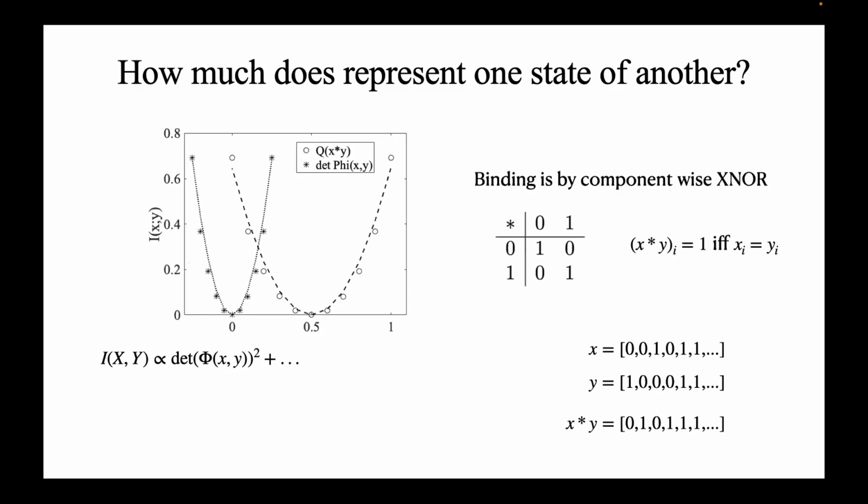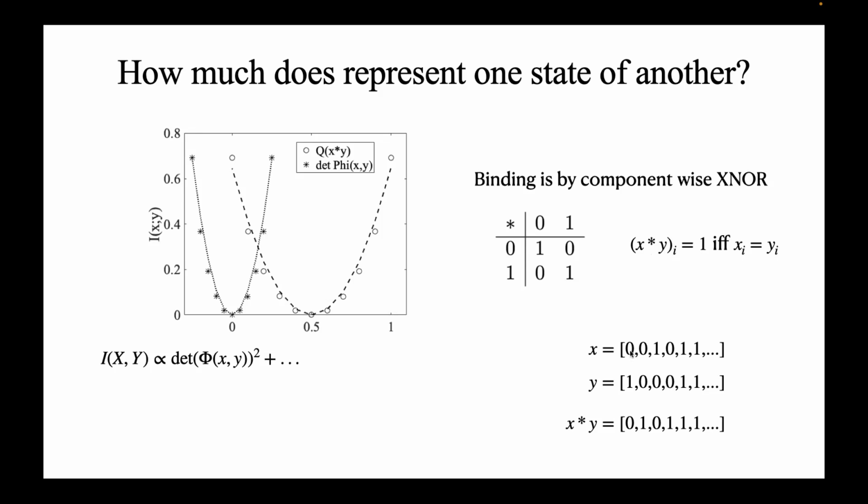You can now go a little bit further. You can introduce binding between two vectors in a very simple way. It is component-wise applying the XNOR operation. So the i-th component of x times y is equal to 1 if both components are the same.